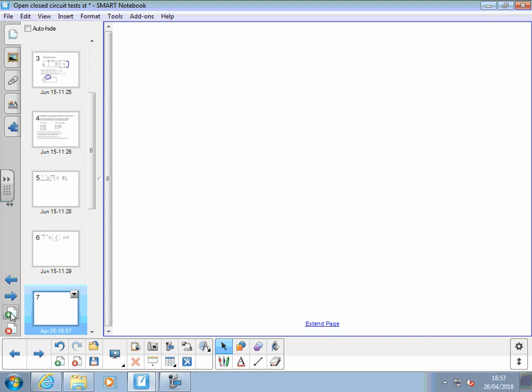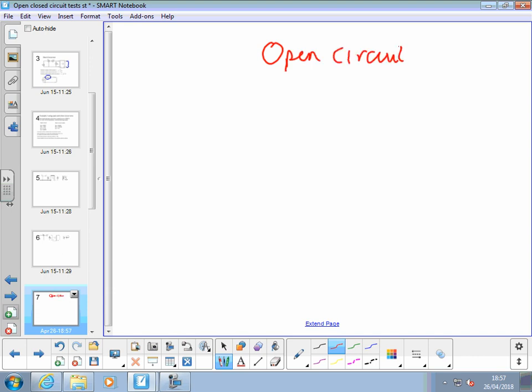So, the open circuit scenario. Five kilowatts. How can we get SM? What measured values do we need to use?